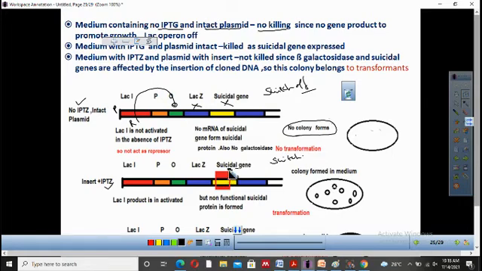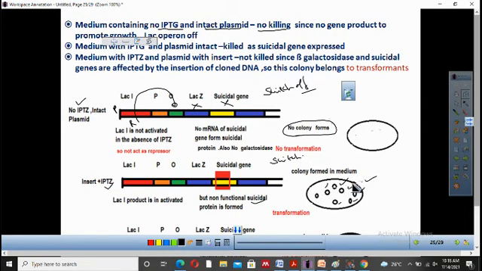It means that the bacteria will not be killed. So when the bacteria are not killed, there will be growth. All these bacteria will grow because lacZ will promote the growth, and there is no suicidal gene function, and therefore the non-functional suicidal protein leads to no killing of the colonies.